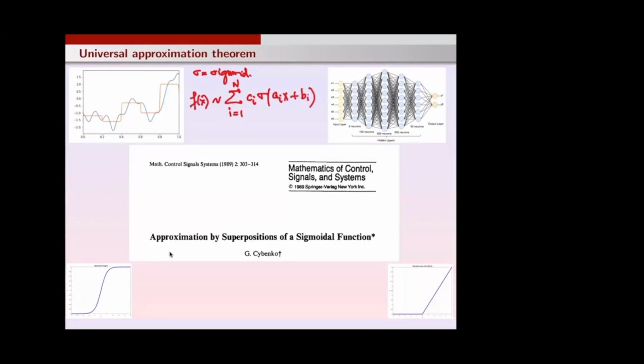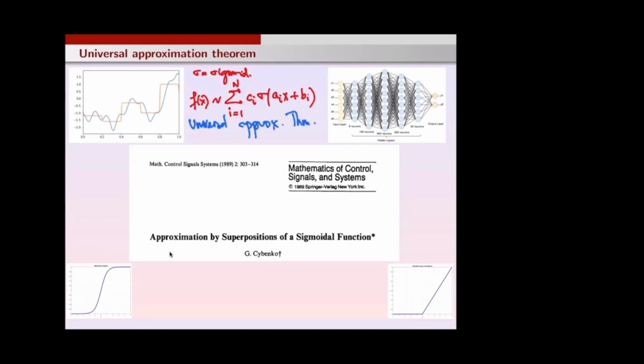This is what Cybenko says more precisely, and this is what is called nowadays the universal approximation theorem.